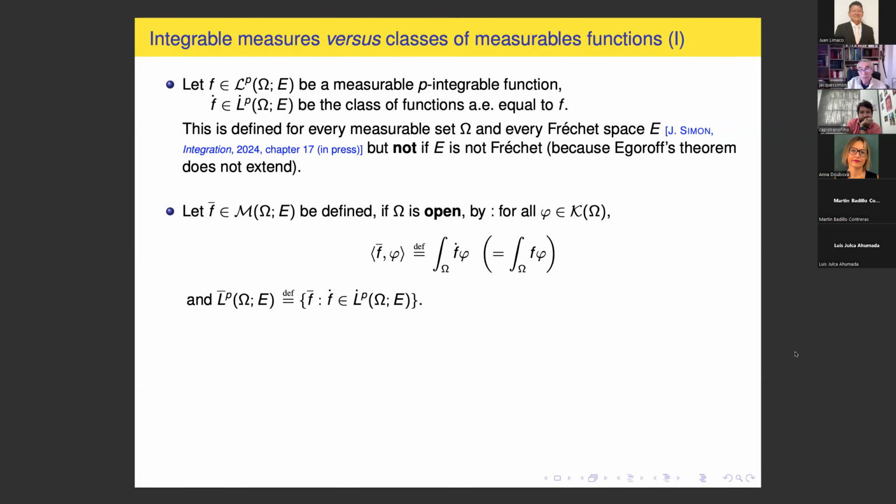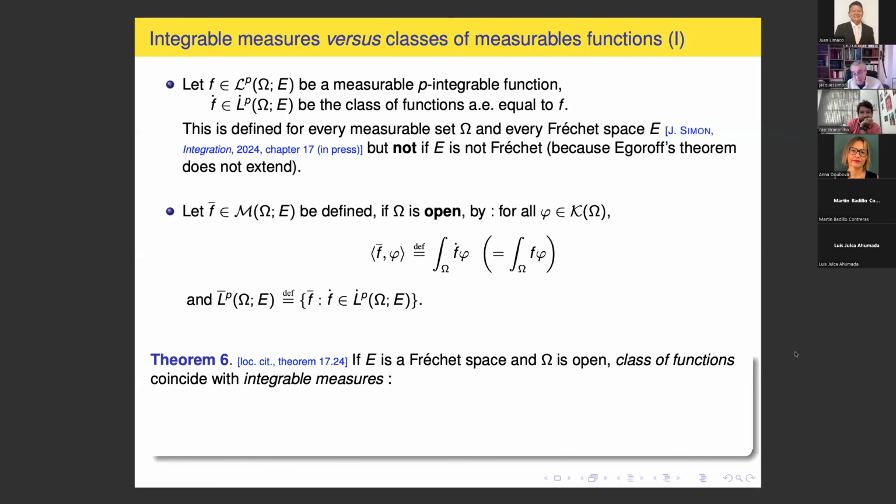And we can consider the space L bar p, the set of these measures. And this is an important theorem that says that if E is a Fréchet space, and if omega is open, that is absolutely crucial, the class of functions considered coincides with the integral measure. That means that L bar p is the same as Lp for p finite.